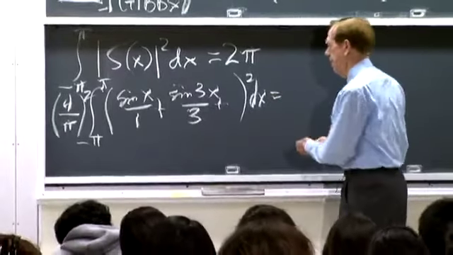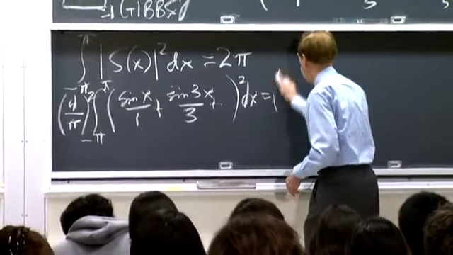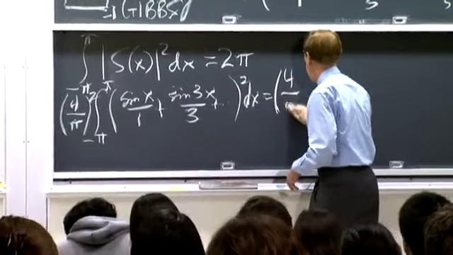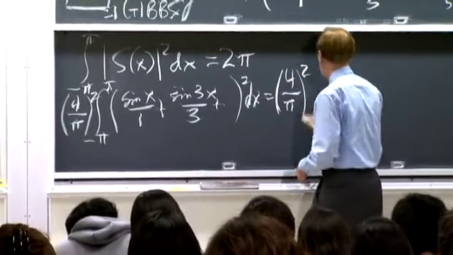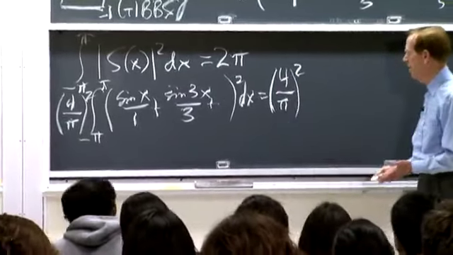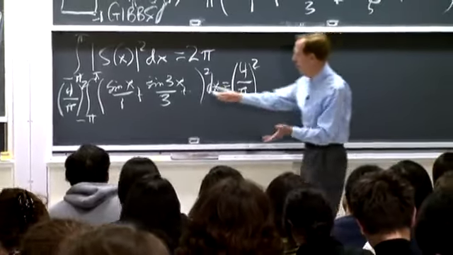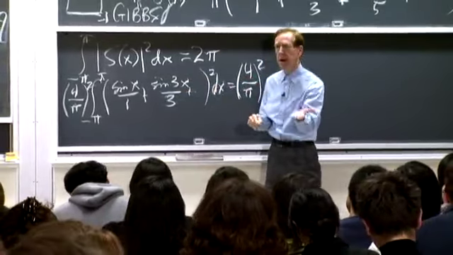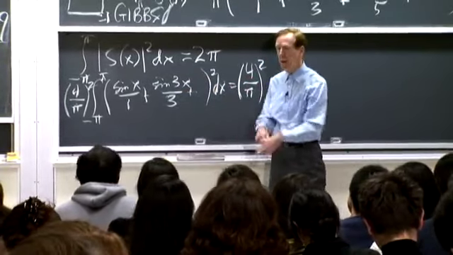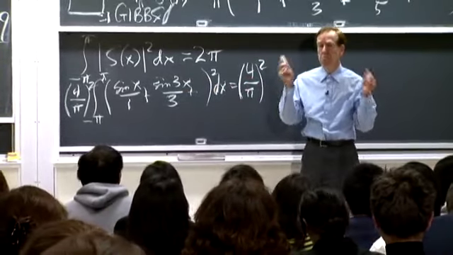And so what do I get? The 4 over pi squared. And now I've got a whole lot of terms. But I can do this, because when I square this, I'll have a lot of terms like sine x, sine 3x. And when I integrate those, I get 0.